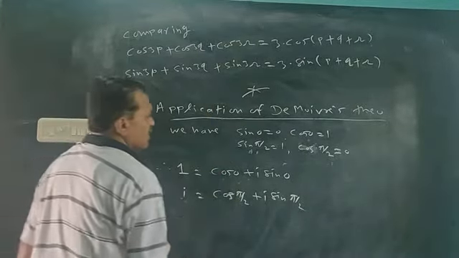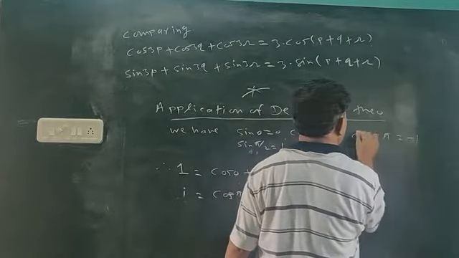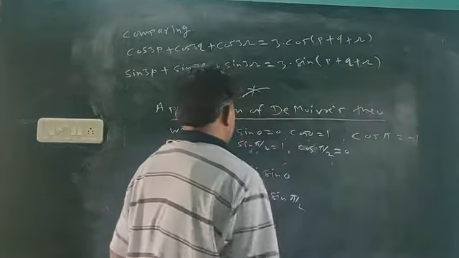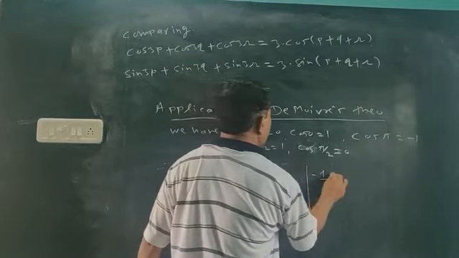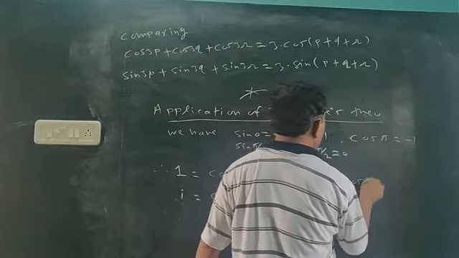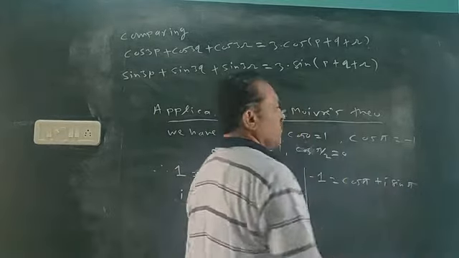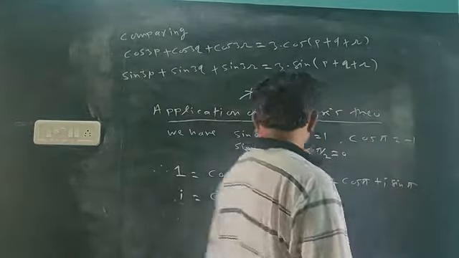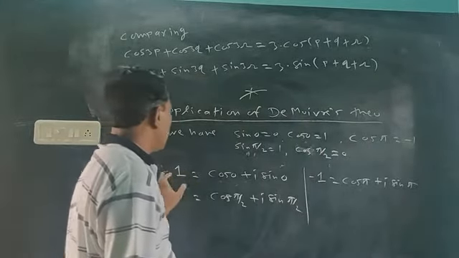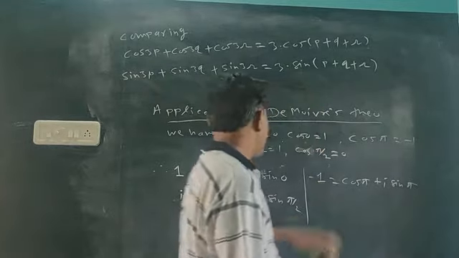Now also, minus 1: you know cos pi is minus 1. So minus 1 means cos pi plus i sin pi, since cos pi is minus 1 and sin pi is 0.